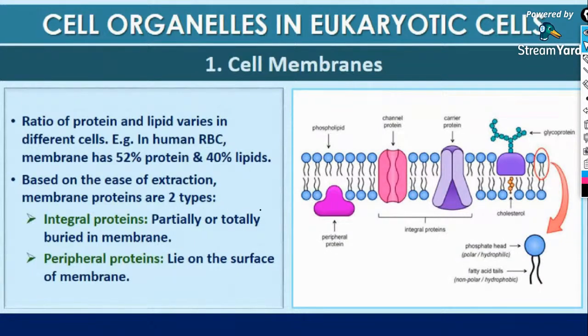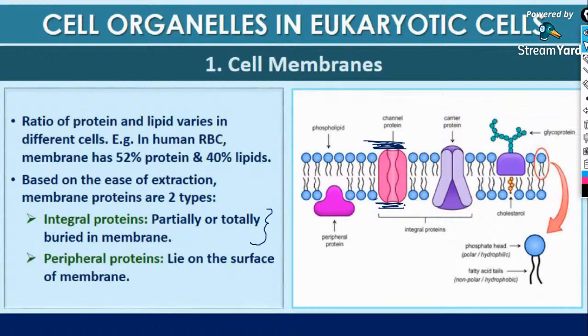Then integral proteins. Yes, that's what Binaya asked. Integral proteins are partially or totally buried inside a membrane. The pink colored one is totally buried inside that membrane, that is, when the membrane ends, that protein also ends.